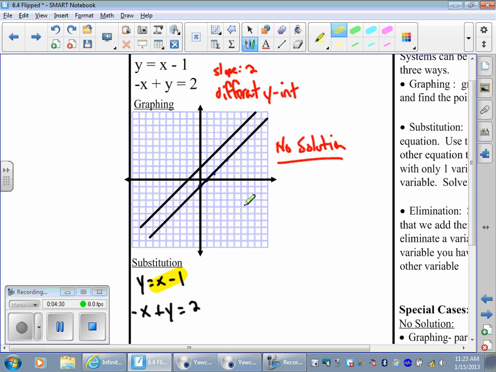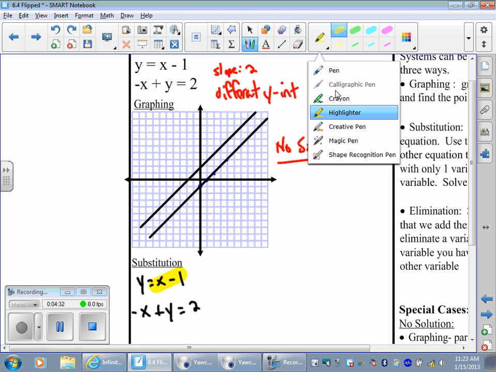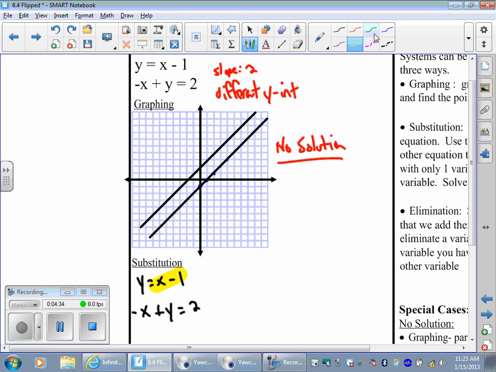So let's combine these two pieces of information. -x plus, and now I'm replacing y with x minus 1, because y is the same thing as x minus 1, and that equals 2. So that's the second equation with y being replaced with x minus 1. Now if I solve this, -x plus x is 0. So I end up with -1 equals 2.